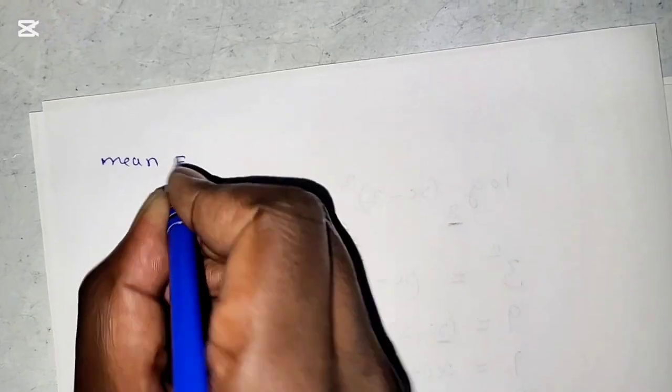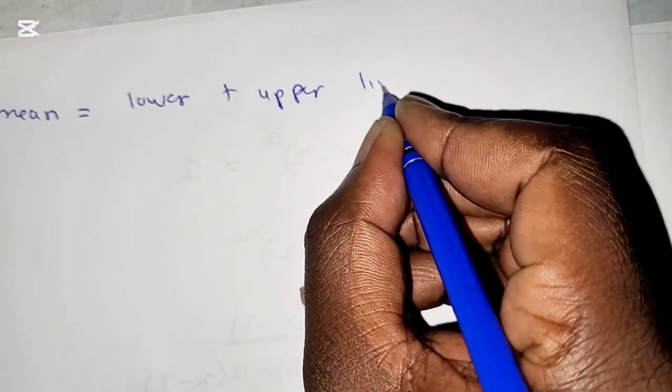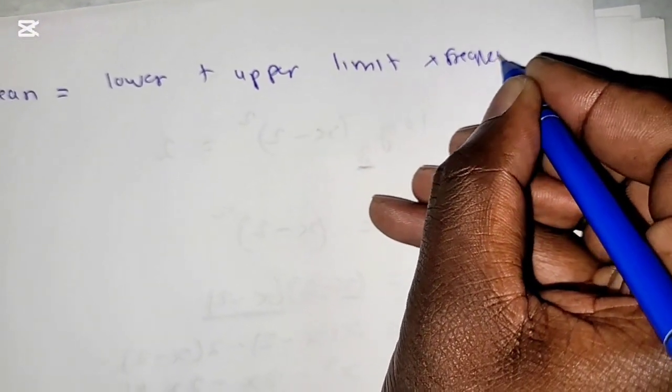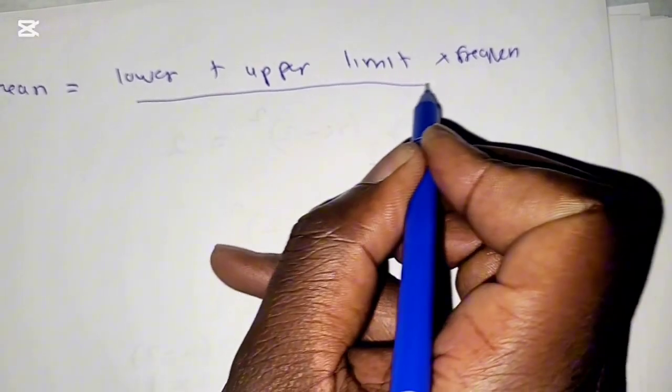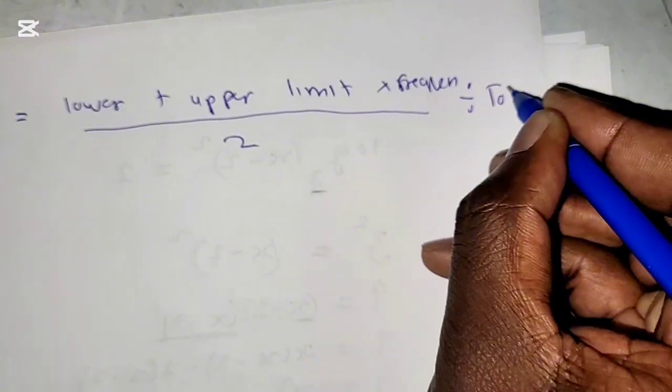Okay. So mean is this. The formula for finding mean is equal to lower plus what? Plus upper limit times frequency. This one is all over what? All over 2. Then we divide by what? By total. Are we together?